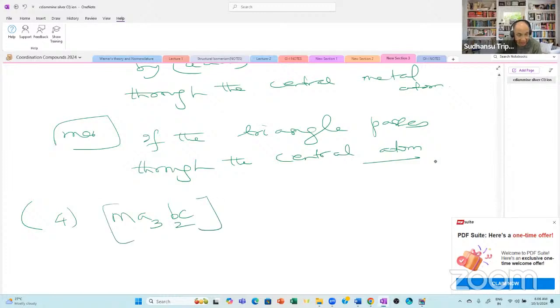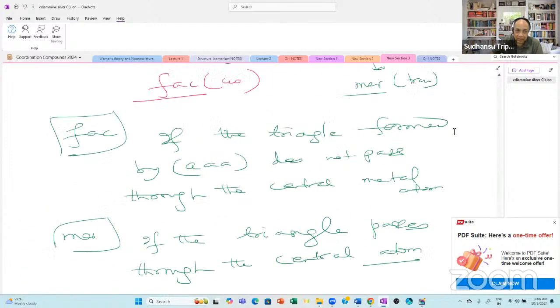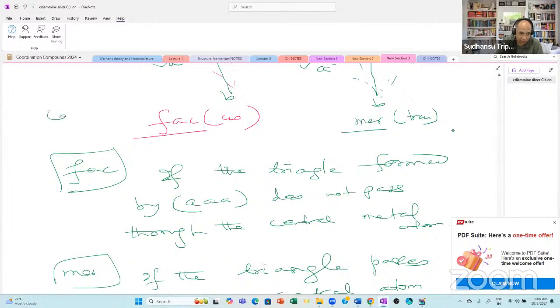Instead of MA3B3, we make a third different ligand, B2C. And in this type, we can create NH3 3 Cl3. Supposing you get either an anionic, cationic or neutral complex, it doesn't matter.